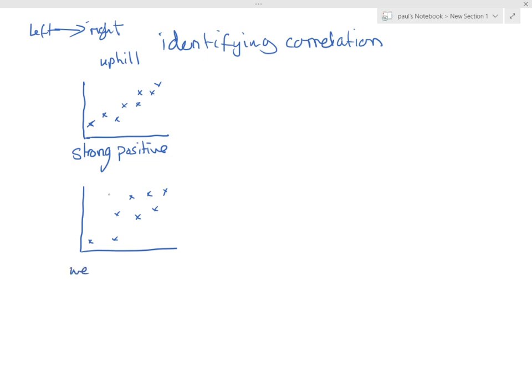So this is going to be a weak positive, and then you've got your downhill ones, and it's like this. So this is going to be a strong negative.